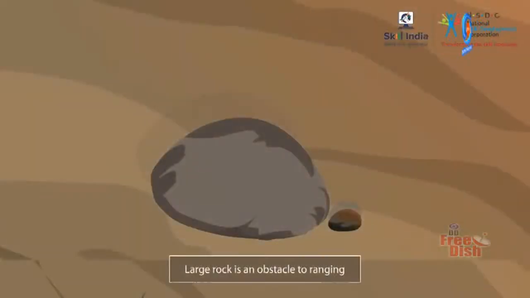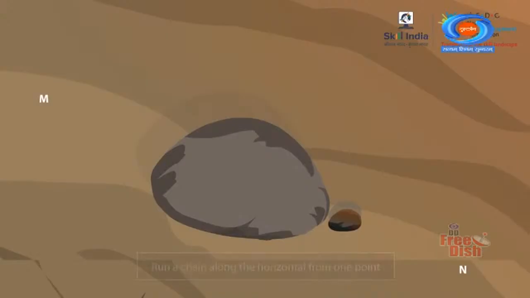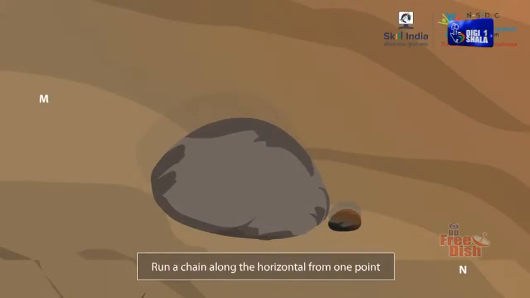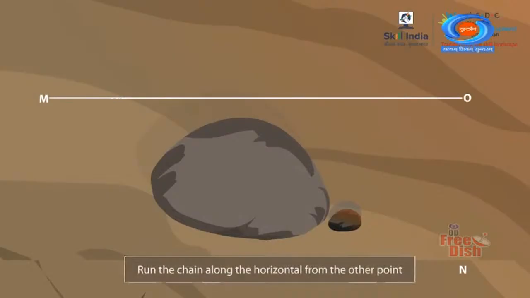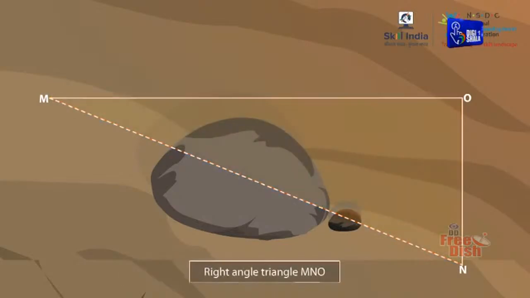Now, take a look at the points M and N. There is a large rock between them, so ranging cannot be carried out. But you can run a chain along the horizontal from M towards N up to the point directly opposite N, which is O. After that, run the chain from N to O. In this way, you obtain a right-angled triangle MNO.